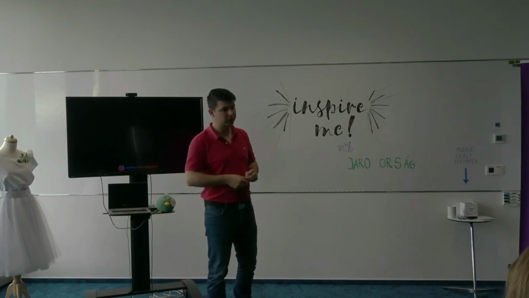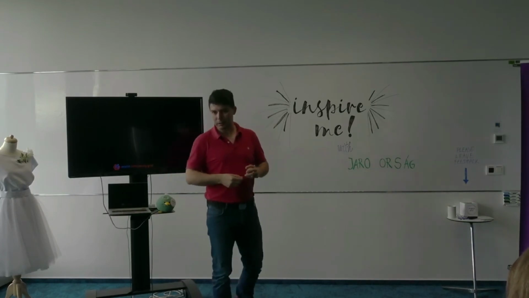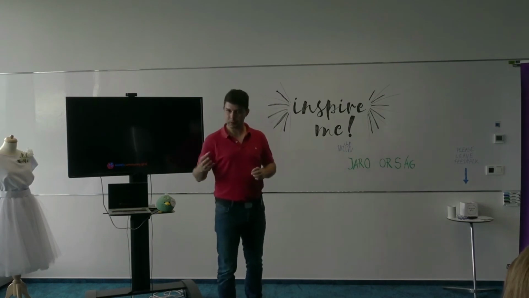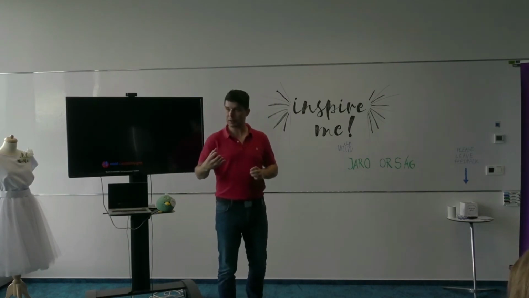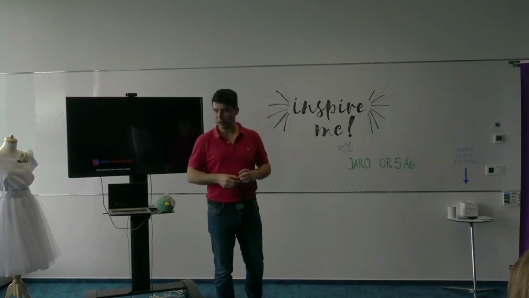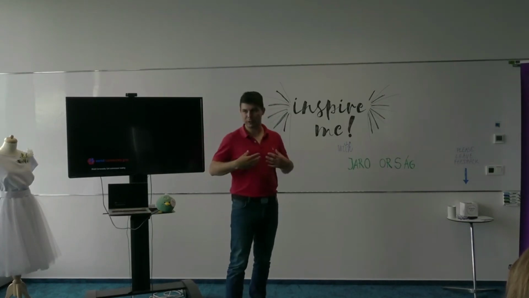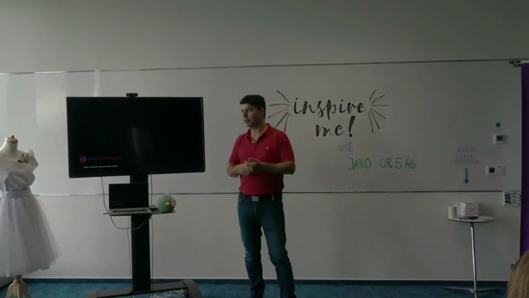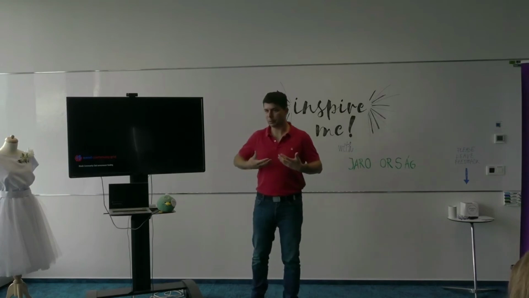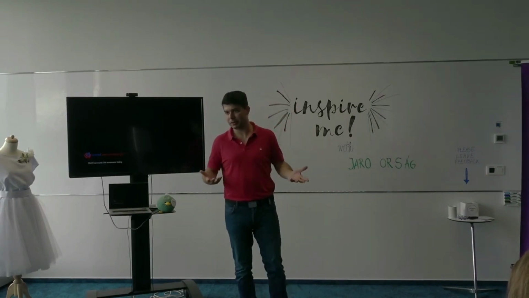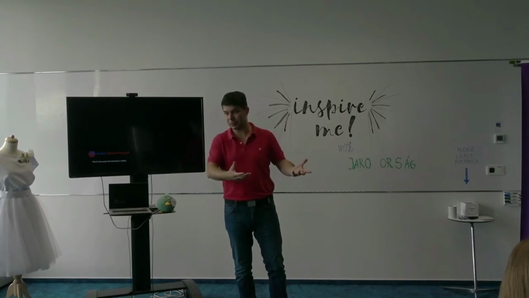For example, one exercise which I really like is that you ask the people to tell the others something nobody else knows about them. It doesn't have to be something like I was a criminal in the past. But things like, my colleagues do not know that I played violin, or similar things that might be interesting for the others.